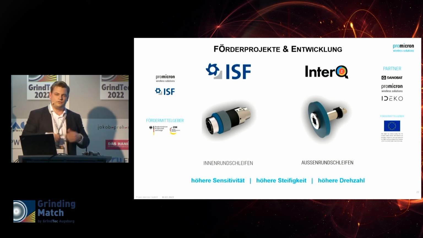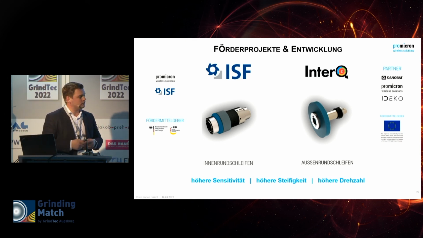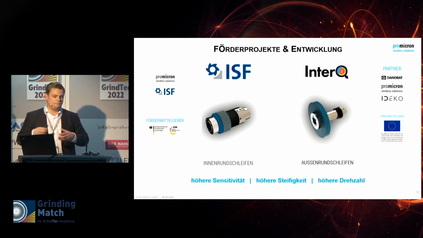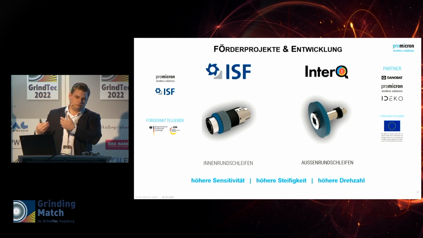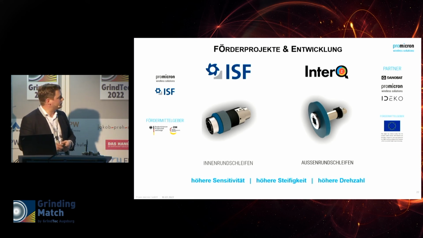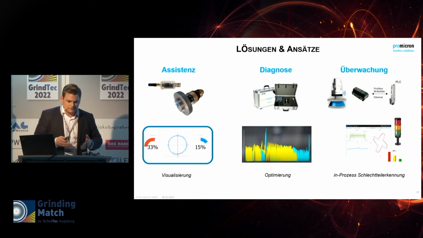For internal cylindrical grinding, of course, the number of revolutions is a lot higher. And these are the data which we cover in connection with funding projects and some institutes, and we are involved so that your products and your requirements can be optimized on the basis of these forces, or at least that you have a better understanding of the process.